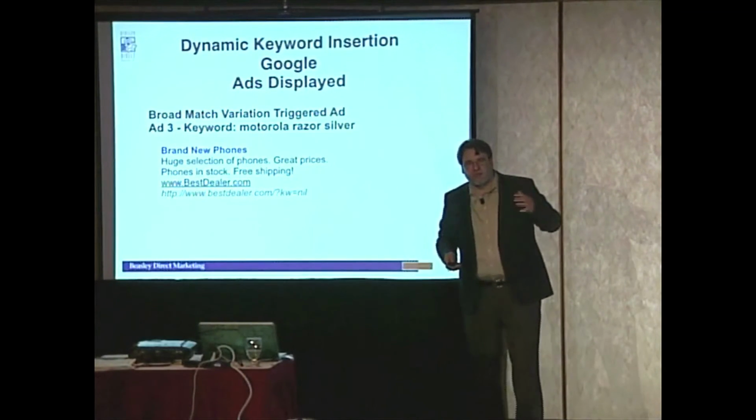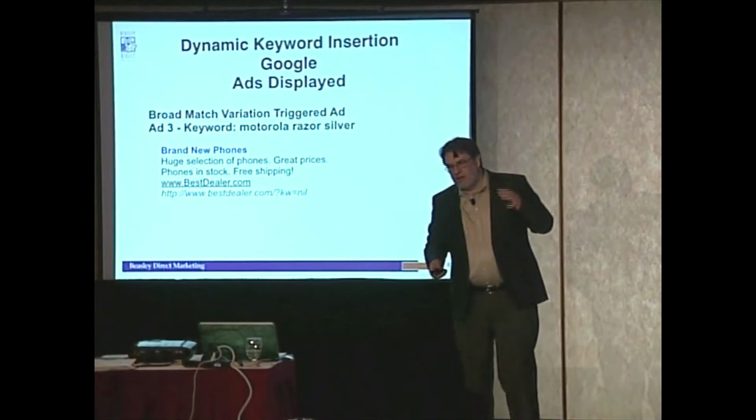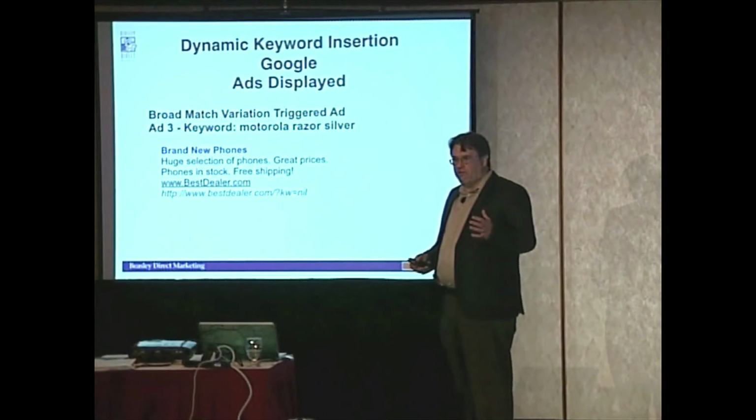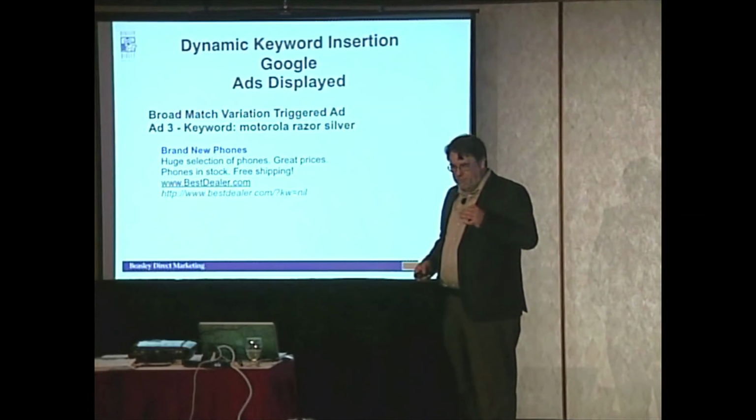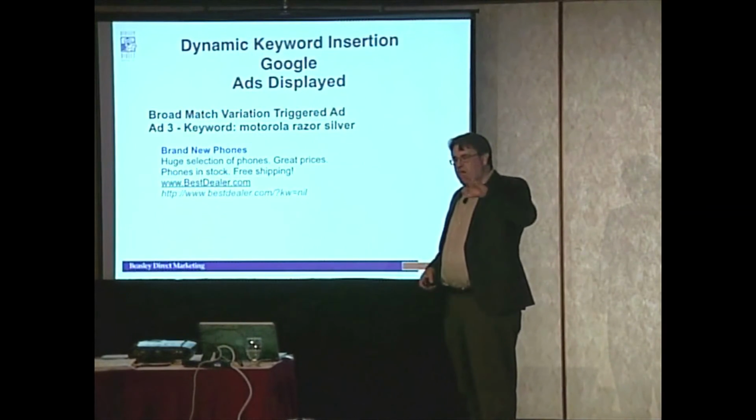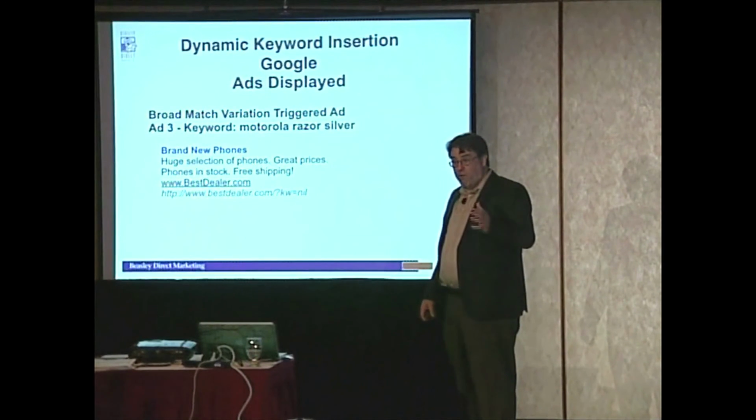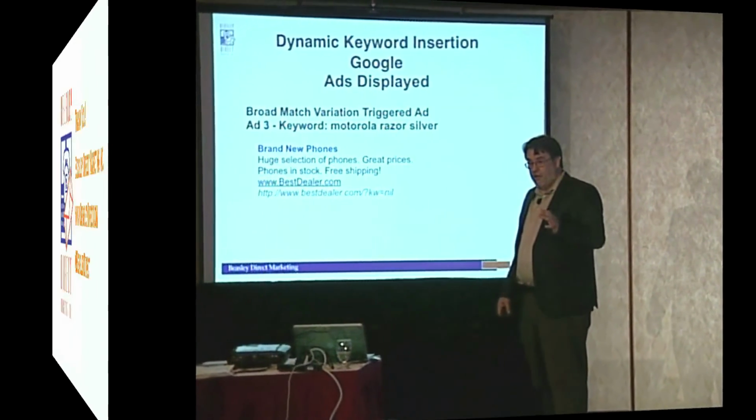So there are variations on how this dynamic keyword insertion can take place. But just beware with this. If you're using DKI, look at each keyword in that ad group and say, if I slap that into the ad, would the ad read well, or would it read like gobbledygook?